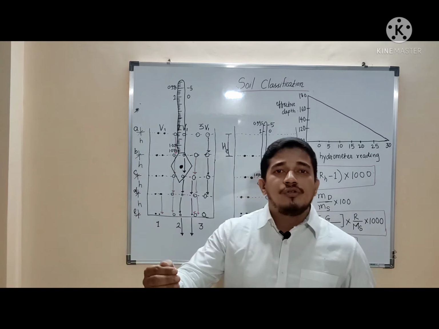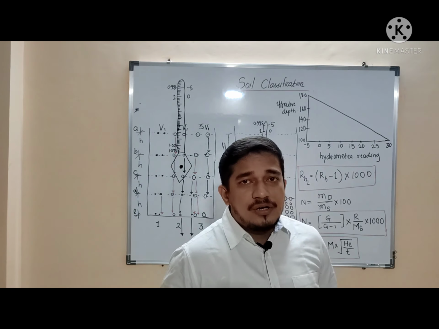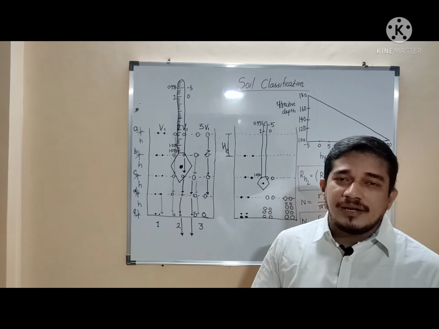In a sedimentation analysis, we give percentage finer as md by ms multiplied by 100. So this is the general formula. Here ms is the mass of soil particles per ml of suspension at the starting of the sedimentation analysis, which is nothing but the soil sample that we take to conduct this experiment.